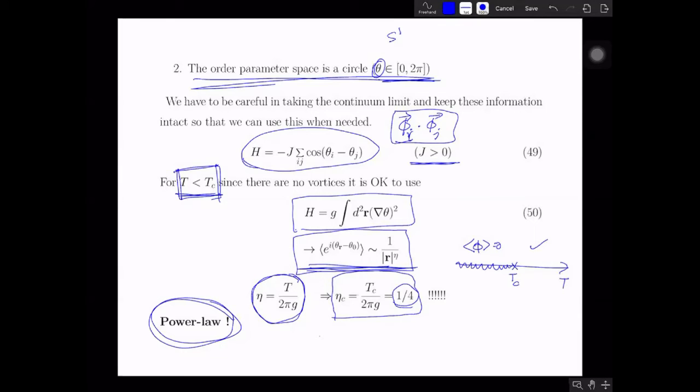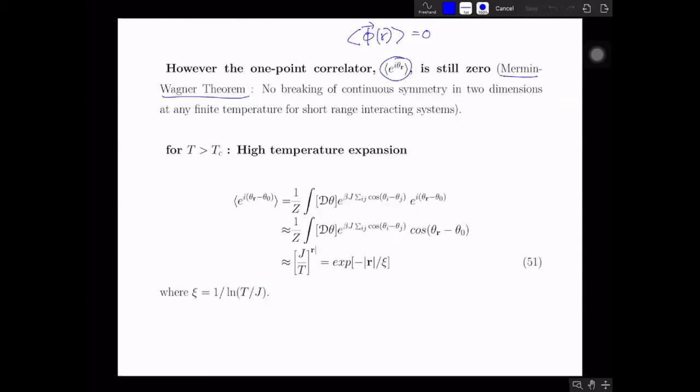And why am I fussing about this? At high temperature, for example larger than Tc, at T going to infinity, beta J goes to 0. Using this parameter, I can expand the Hamiltonian. Now I need the lattice Hamiltonian because I have these vortices, and the vortex needs regulation at the UV level.